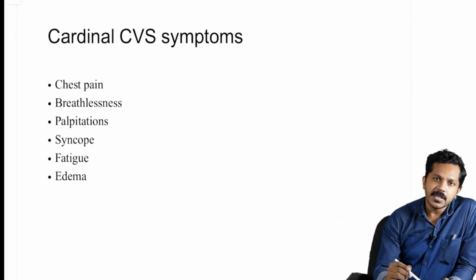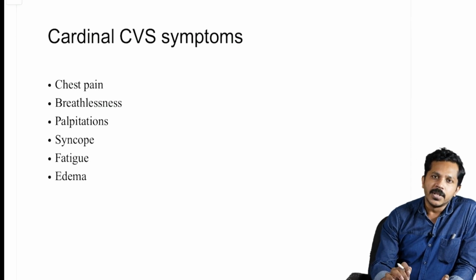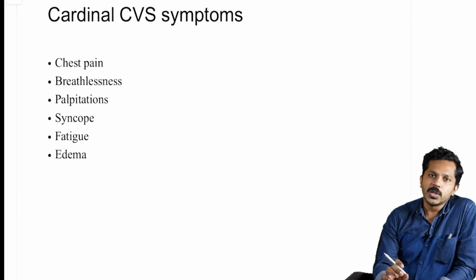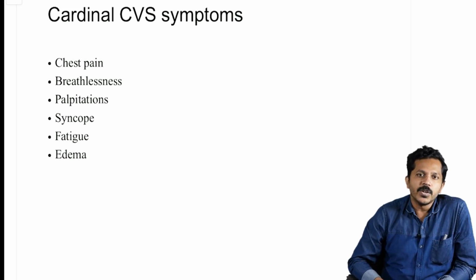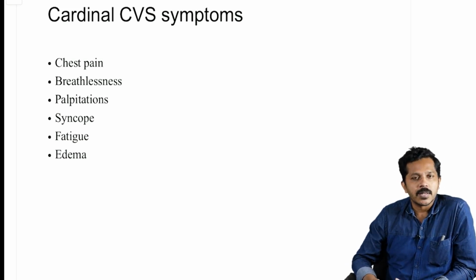Going into the cardiovascular symptom analysis, the main symptoms are chest pain, breathlessness, palpitations, syncope, fatigue and edema. The thing you have to know is that even though these are the cardinal symptoms of cardiovascular system illness, many of the symptoms can be due to other systems as well.